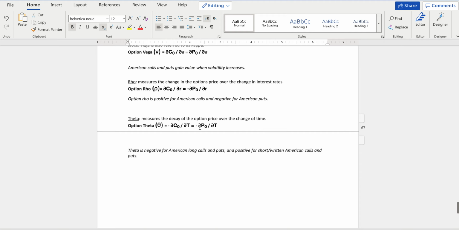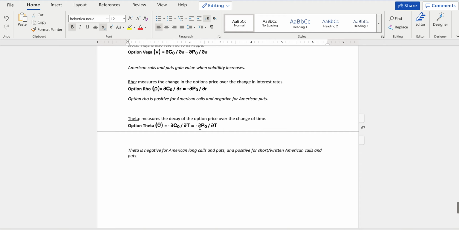You can't really control for it, but if you know that there's a negative correlation between time and theta, what you can do to minimize the value of theta is get long dated calls or long dated puts, depending on whether you're bullish or bearish.